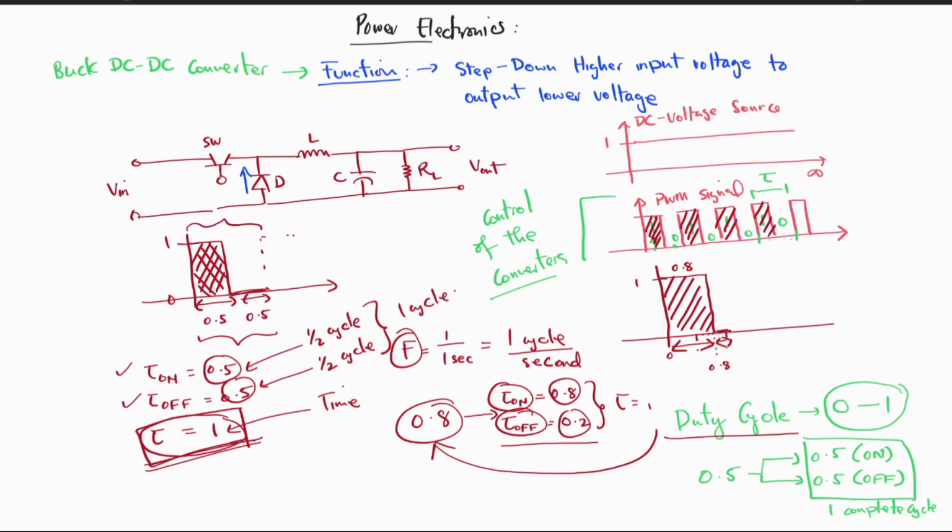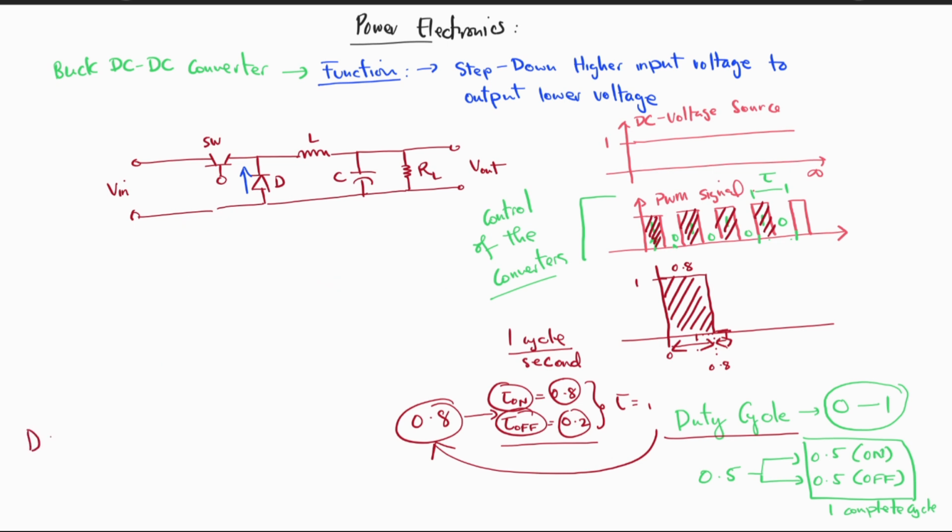So in other words, let's say we have the duty cycle as 0.1. Now we can see from this waveform the period of the T on, which will be equal to 0.1 seconds, and for the T off, which can be 0.9 seconds.